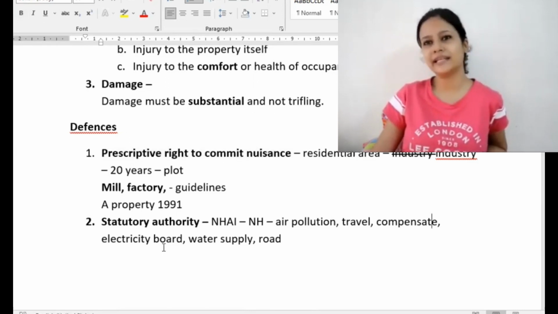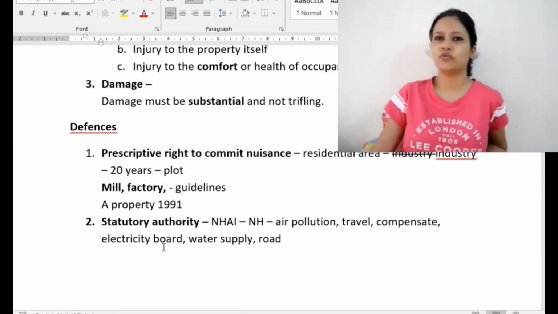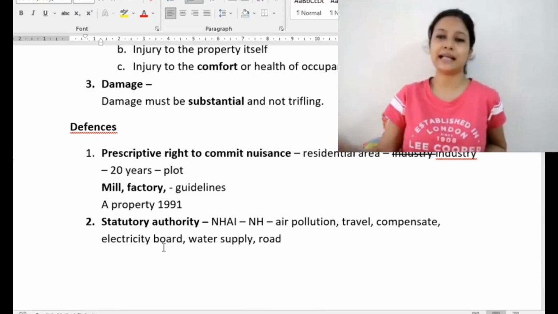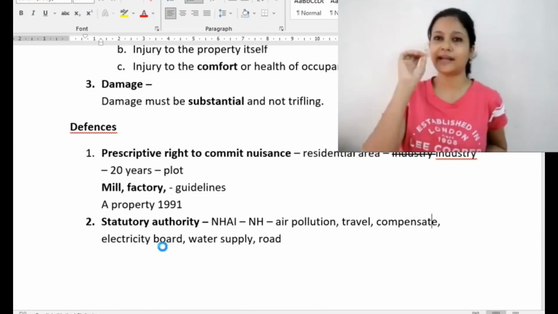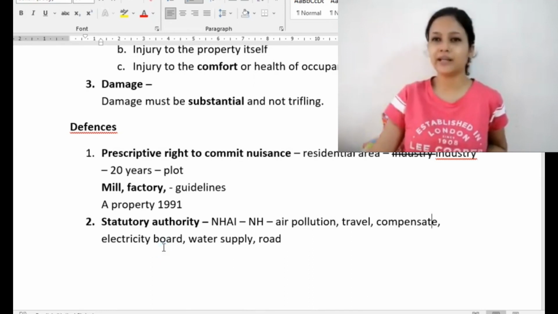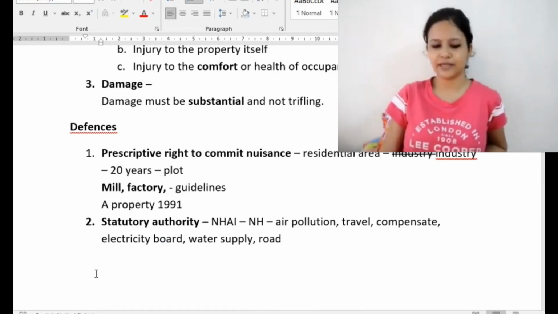Even though it is leading to some sort of disturbance, we need to ignore it unless and until the National Highway Authority is negligent or guilty of something, right? We need to ignore those minor nuisances.